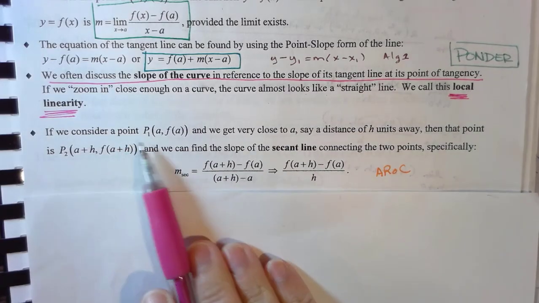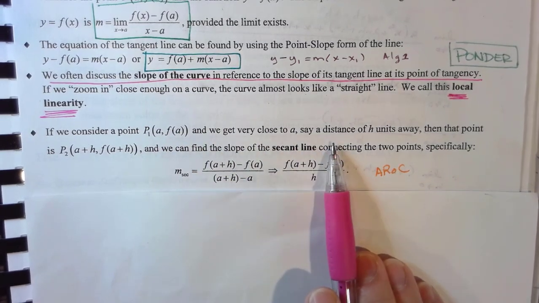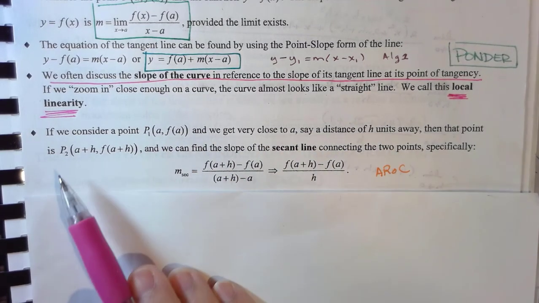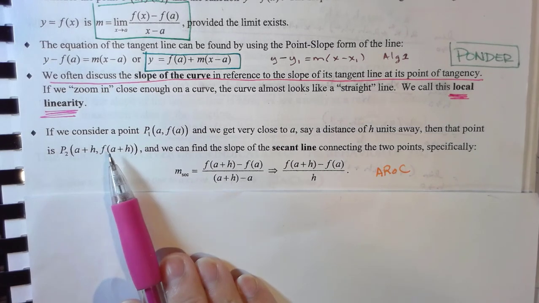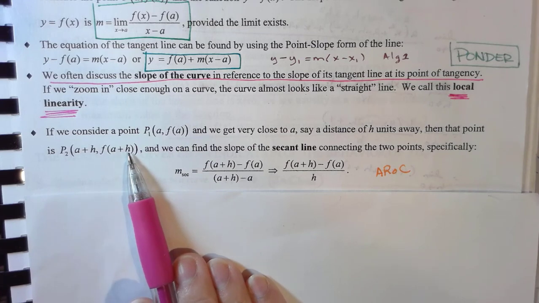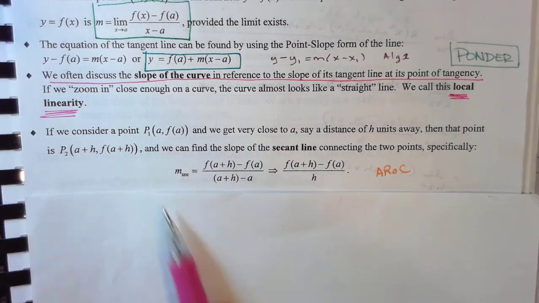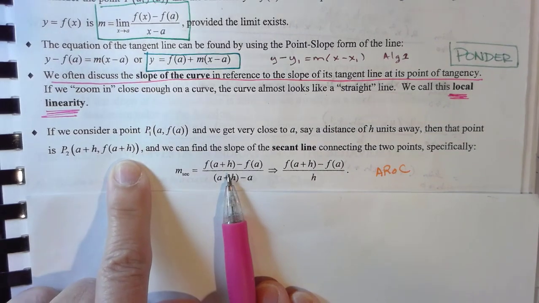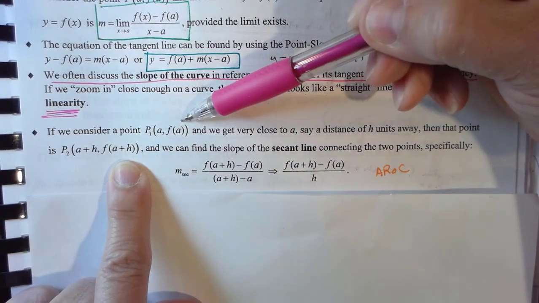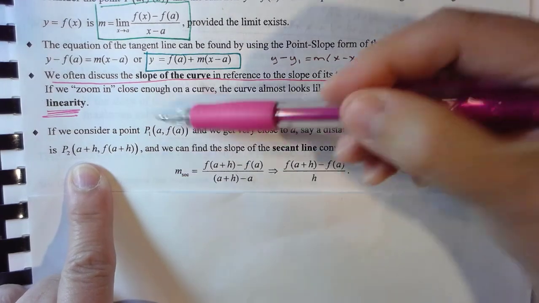If we consider a point P1 at (A, f(A)) and we get very close to A, say a distance of h units away, then that point is P2, which has coordinates (A plus h, f of A plus h). In other words, we've moved h units away from A. And so the slope of our secant would be f at A plus h, the second y coordinate, minus f at A, the first y coordinate, over the second x coordinate minus the first x coordinate.